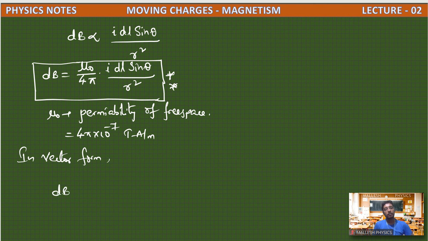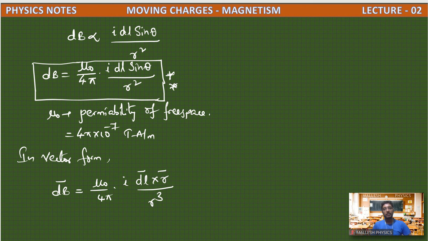Now in vector form, dB vector is equal to mu naught by 4 pi times I into dl vector cross r vector by r cube. Here theta is the angle between r and dl, the distance of the point from the length dl.